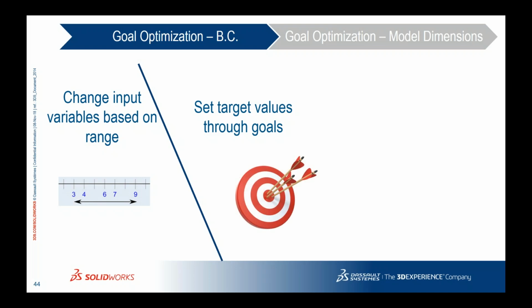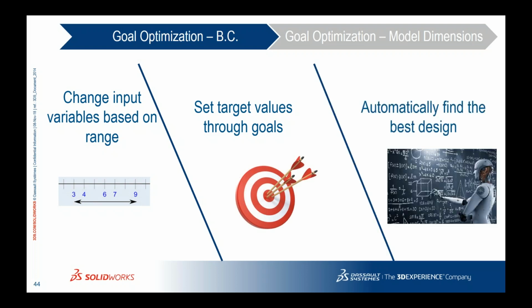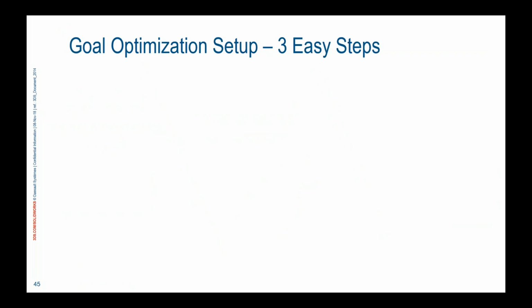Then we can set a target, a value. So in this case, it's not only to monitor, to check, to have a sensor, but also to have a target to achieve, if it's possible, of course. And then we can automatically have the best design, the best product in this sense. So it's very convenient for more than one reason.